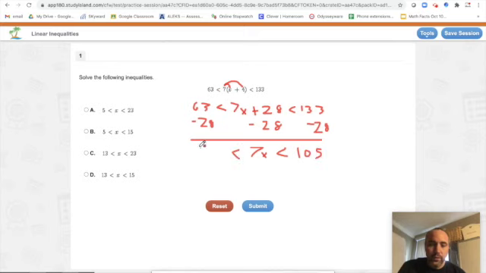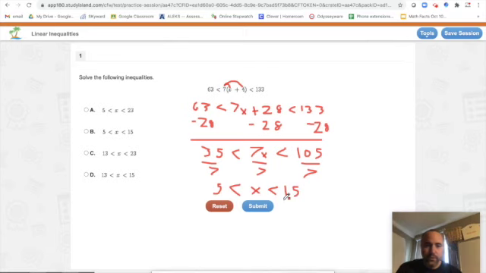Over here, we've got 35. And then dividing by 7, we end up with 5 is less than x is less than 15. All right, so we got answer B.